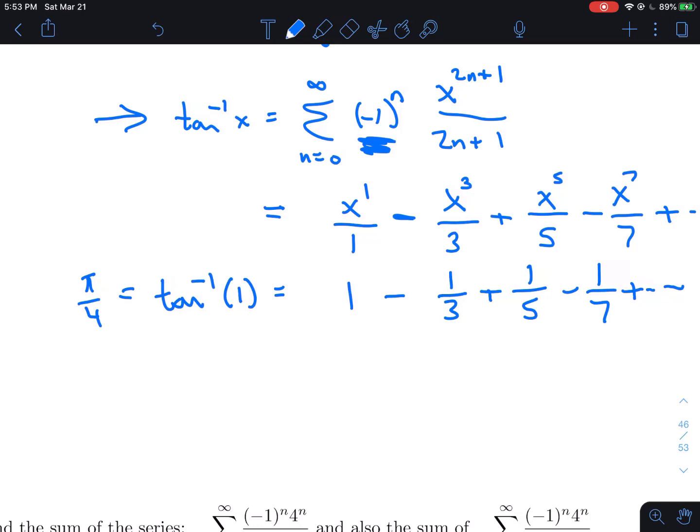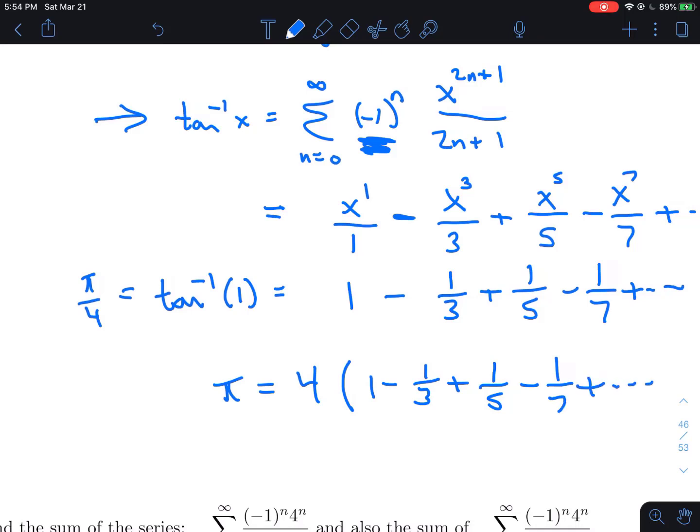And then the last thing, I told you that this is a very historical problem, is that this is how you can calculate out pi. And so I'm going to multiply by 4 on both sides, and we get that pi is equal to 4 times 1 minus a third plus a fifth minus a 7th, so on and so forth.